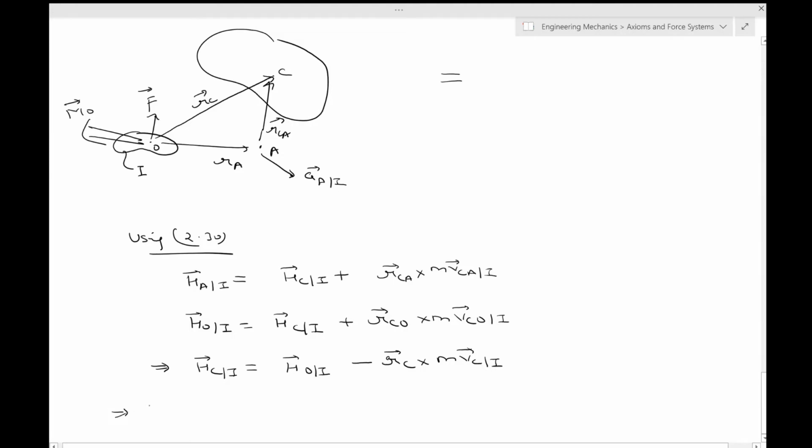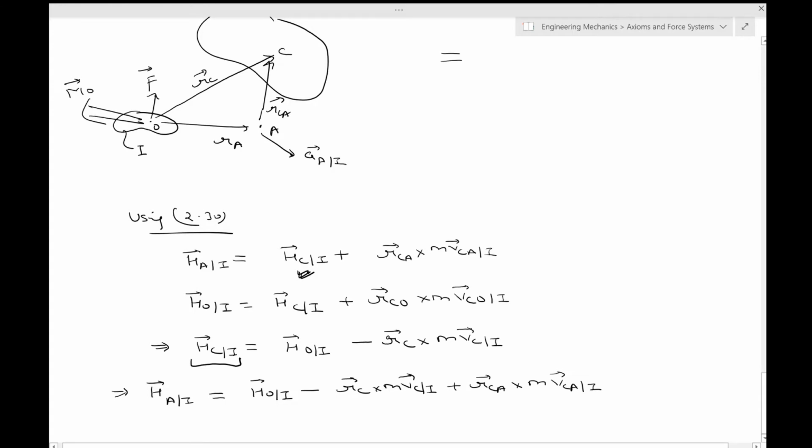Now I will substitute this over here. So HA in I is equal to HO with respect to I minus RC cross MVC in I, plus RCA cross MVCA in the I frame.